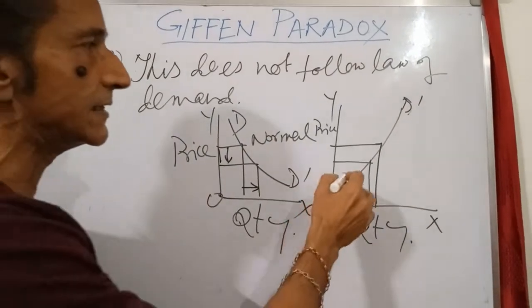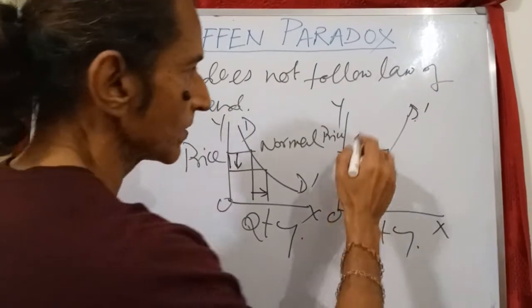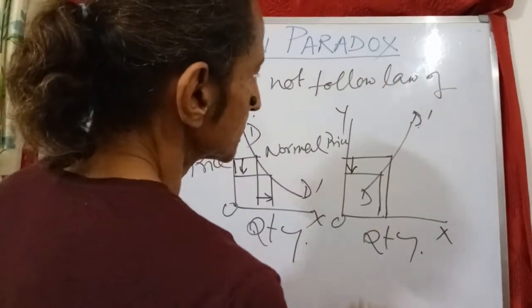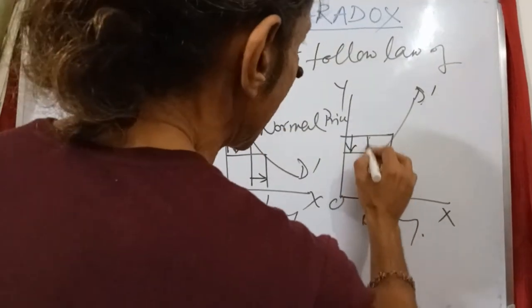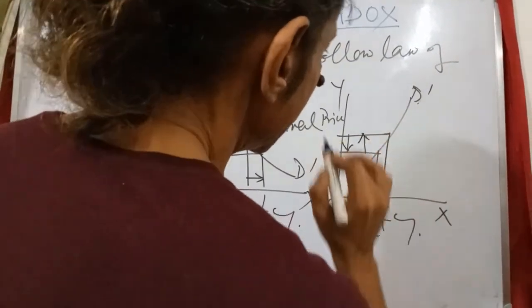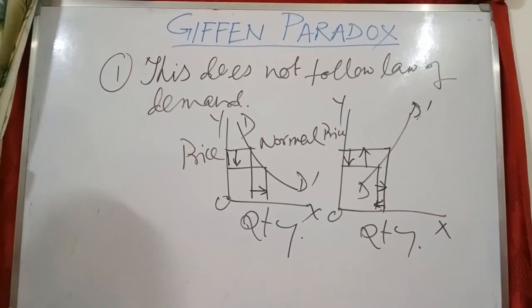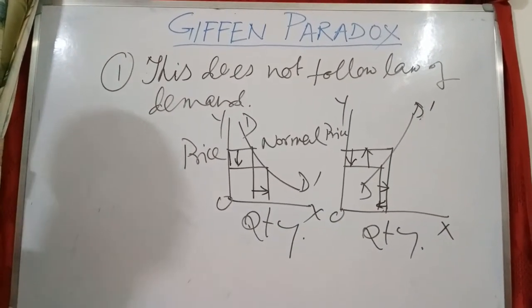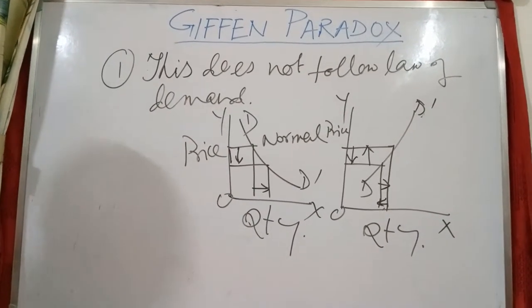Here we see D dash, an upward sloping demand curve, where when price falls, quantity demanded also falls, or when price increases, quantity demanded increases. So in that way, Giffen goods, that means the goods which have those characteristics, violate the law of demand.